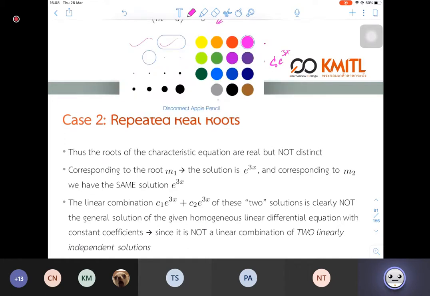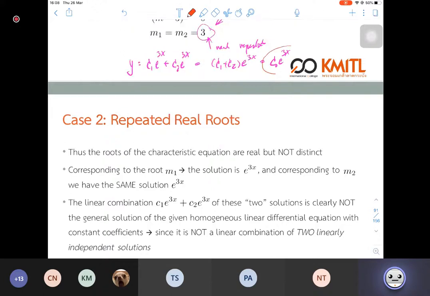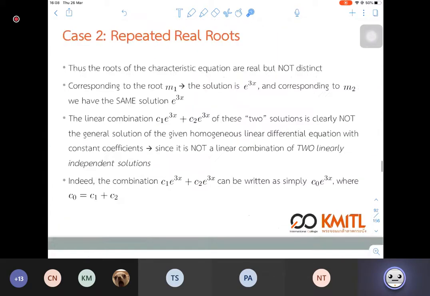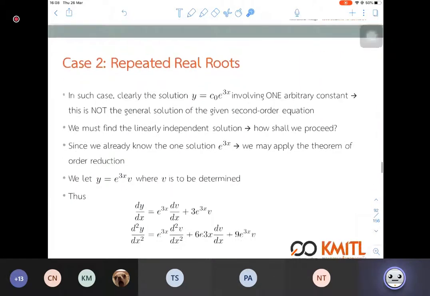And obviously, this is not a general solution, right? Because for general solution for second order, you're going to need to have 2 linearly independent solutions. Here you have just one. You have to find another one. However, this approach has given us the same number. So we have to do something more.